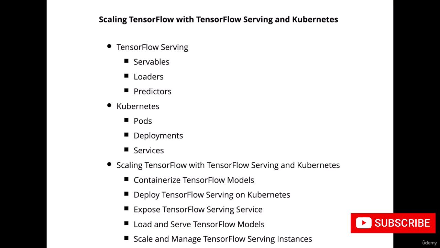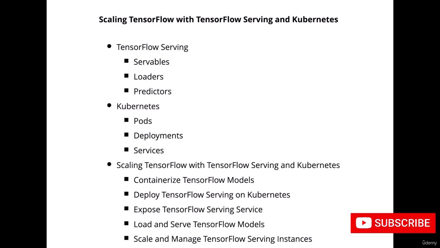Key components and features of Kubernetes include pods. Pods are the smallest deployable units in Kubernetes and encapsulate one or more containers. Each pod has its own IP address and resource allocation, making it a logical unit of deployment for containerized applications.